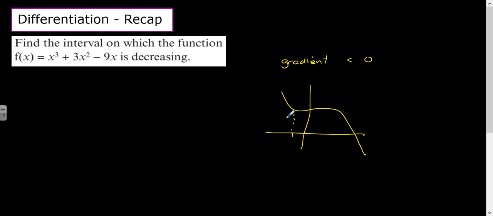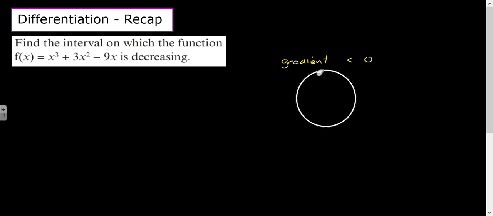So whatever this x value is, to the left of this, the function is decreasing. Okay, you can see it's moving down from left to right. And then from wherever this is, the function is also decreasing because it's moving down from left to right. So wherever the gradient, the steepness of the function is negative, you have a decreasing function, and conversely, an increasing function wherever the function is moving up from left to right.